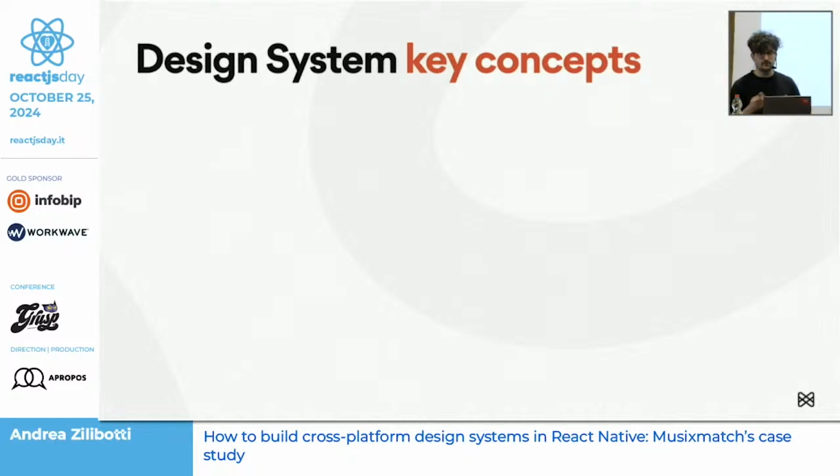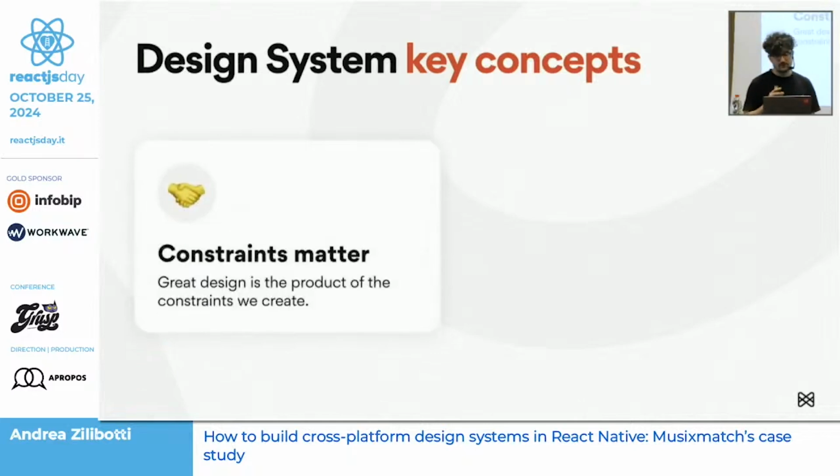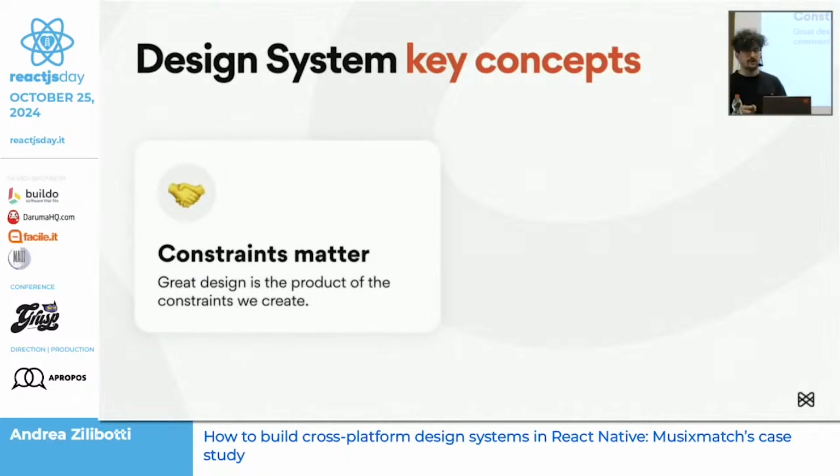So for the people that have less experience, there are two key concepts when we talk about design systems. The first one is constraints matter. Essentially, we create our own constraints, and even if it may sound like a big limitation, in reality, good design comes from this limitation.